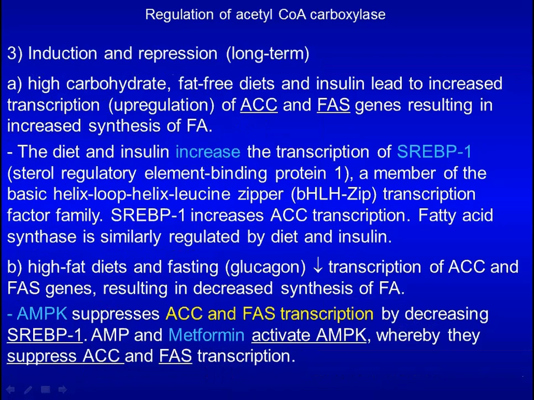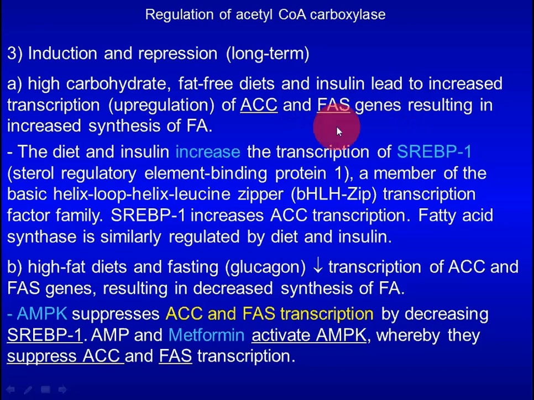Long-term regulation involves control of transcription of two genes. Especially a high carbohydrate, fat-free diet and insulin increase transcription of ACC and fatty acid synthase genes. Diet and insulin first increase transcription of SREBP1.